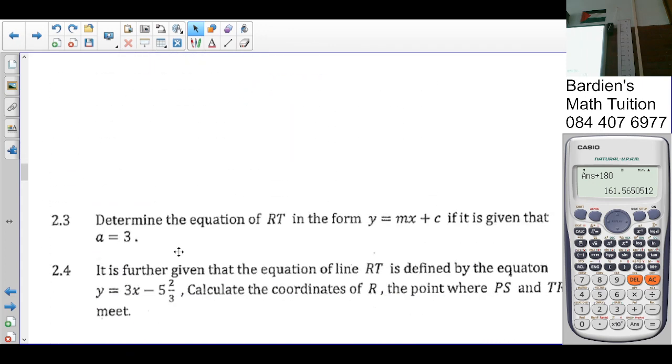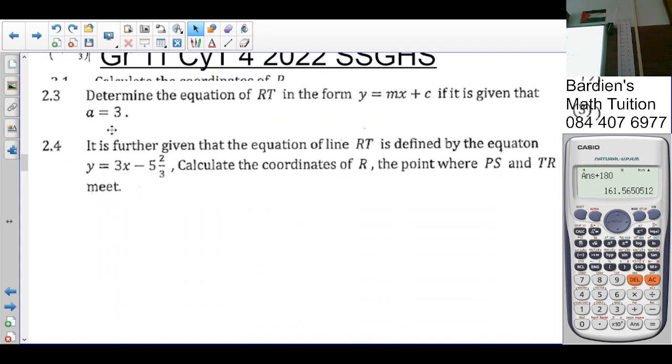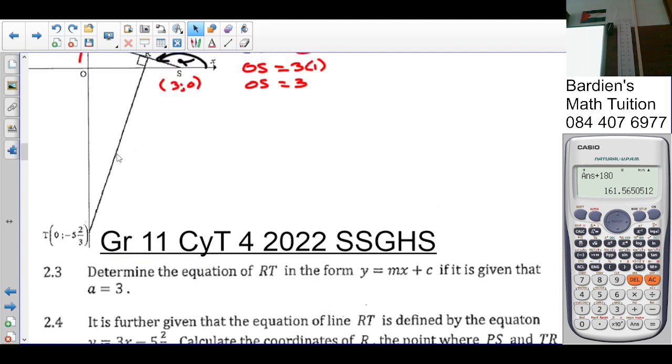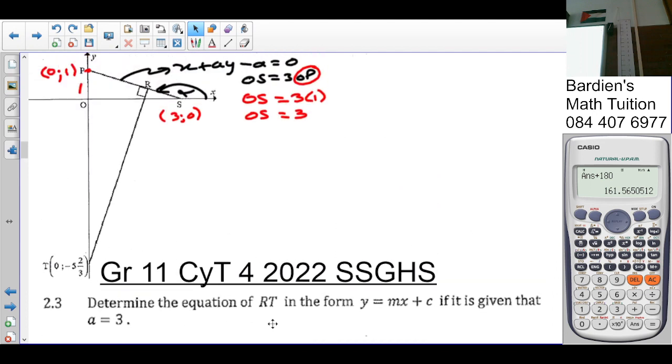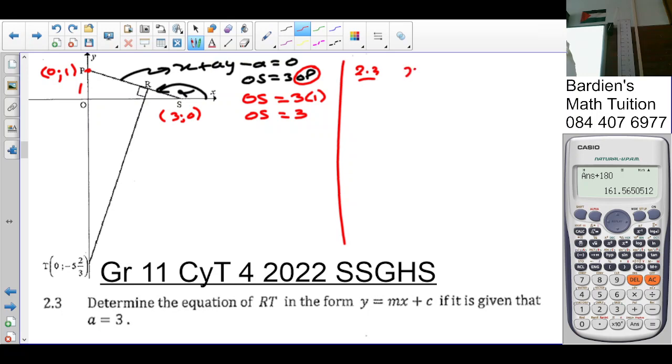Right, the next question says 2.3. Determine the equation of RT in the form y is equal to mx plus c if it's given that a is equal to 3. So now we are given the value for a. My equation now reads x plus 3y minus 3 is equal to 0. They want the equation of RT.